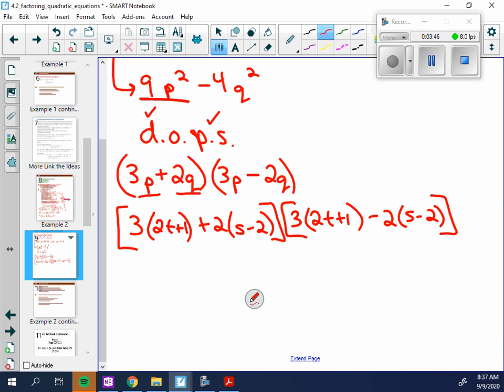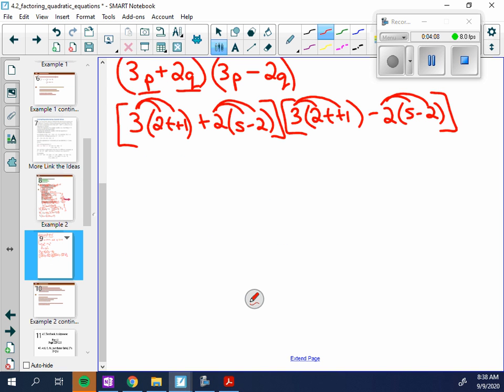Okay, does everything look okay from what I wrote down up here? Okay, and now we can get rid of some of these brackets, so we will distribute 4 times. 1, 2, 3, 4, and we'll see if we can simplify things a little bit. Okay, and when I distribute, I can get rid of that square set of brackets, so that's what I do.